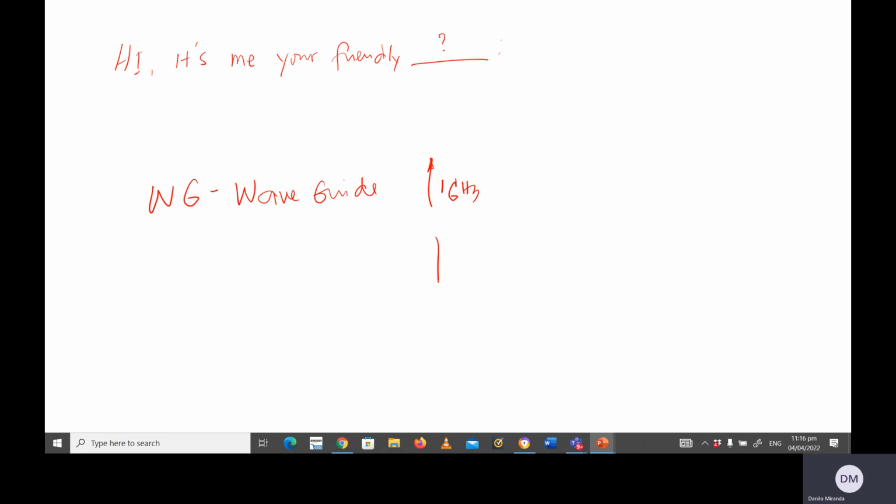Kasi below 1 gigahertz, the transmission line is a coax, coaxial, and sometimes we have your flat wire, no? Maraming tawag ang coax.